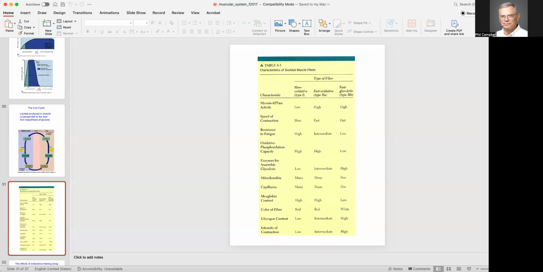Then in the middle, we have our fast oxidative, which is kind of a mixture between the two. Let's focus on either end because that's what's relevant. All right, so over here, in the slow oxidative, these muscle cells are designed to acquire the bulk of their ATP via oxidative phosphorylation.